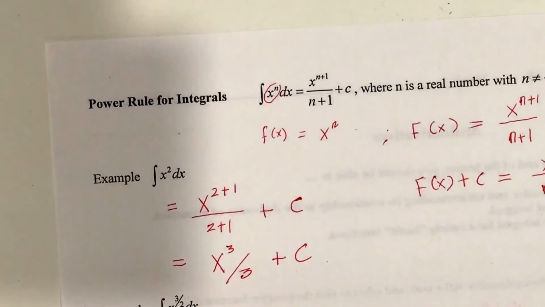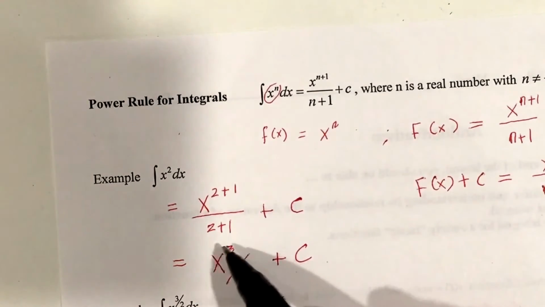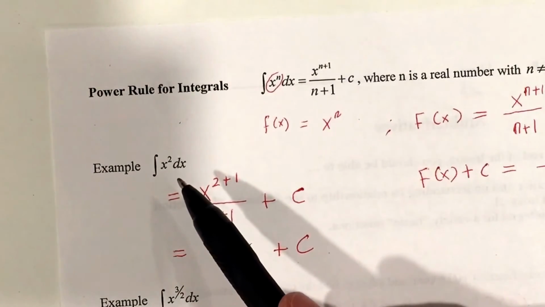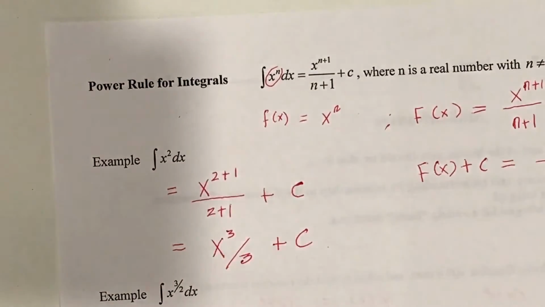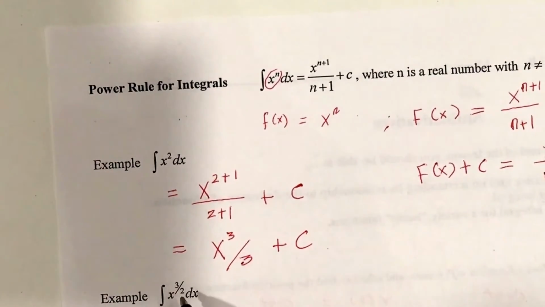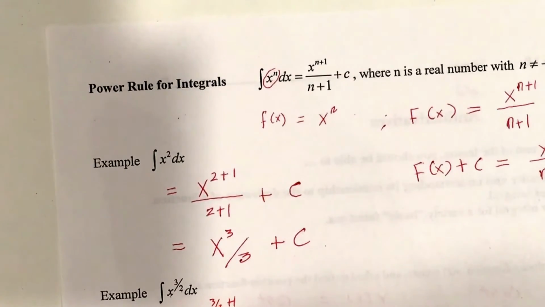Now, if you think about it, this is like big F, and if you were to take the derivative of this, you will get x squared. All right. Find the antiderivative of x raised to the 3 over 2. Well, you take the original power and add 1 to it, and then you divide by that same number.